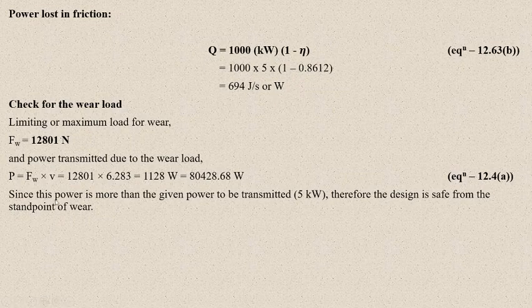We have the value of wear strength, that is 12,801 Newton and power transmitted due to this wear load will be 80,428.68 watt, or you can say that 80 kilowatt something, and we will get the conclusion, and the conclusion is this power is more than the given power to be transmitted. Therefore the design is safe from the standpoint of wear.